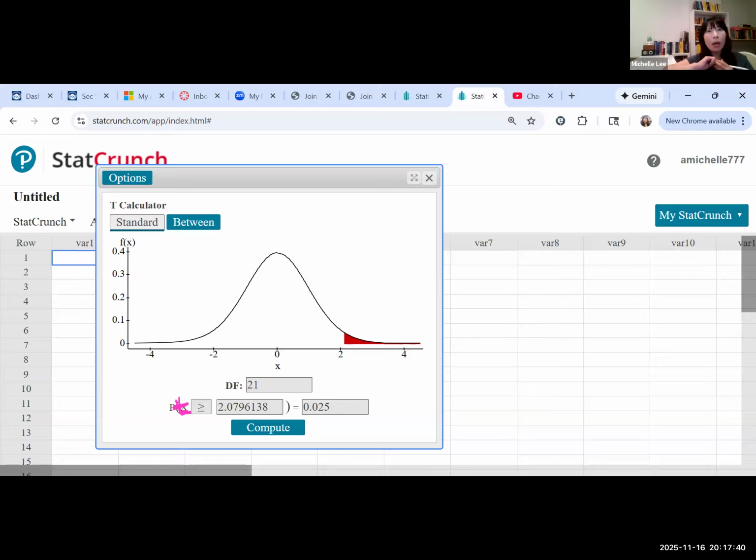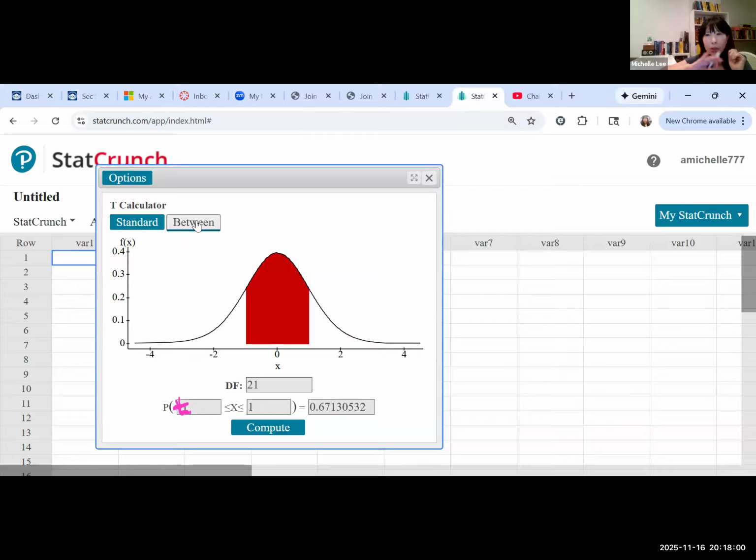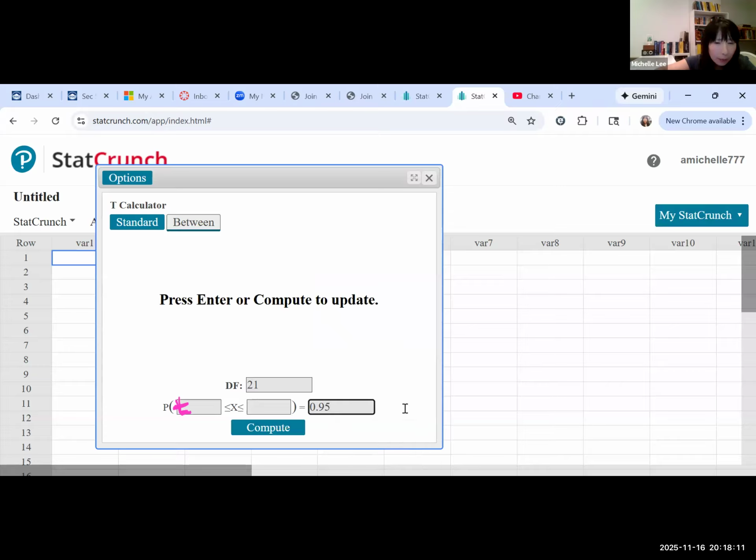Okay. Now, since I'm here, I'm going to show you another way we can find it. So we can find it using between. So we are using 95%, which means 0.95.